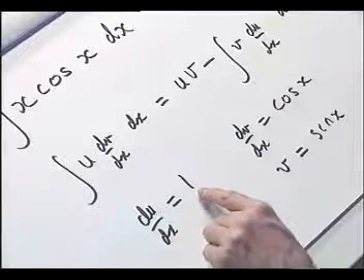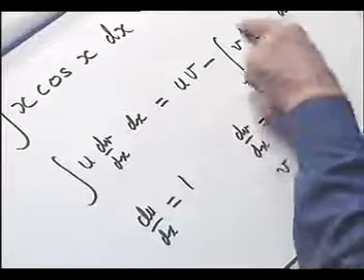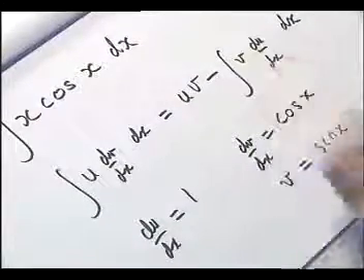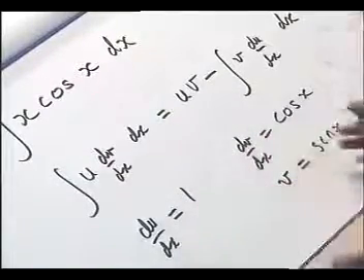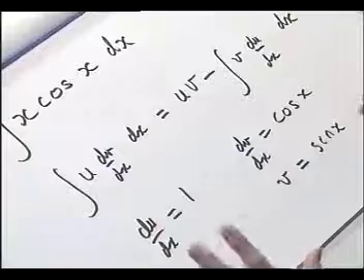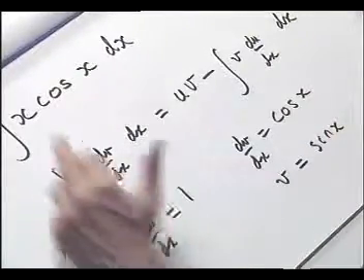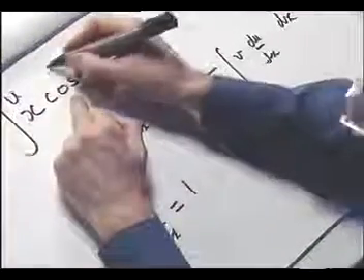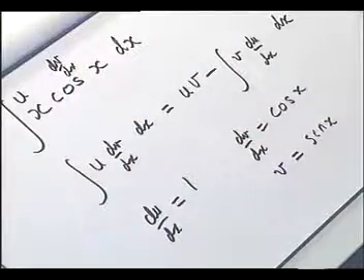So let's just check again what's going to happen. This will be 1 here, and this will be sine x. So we'll have sine x times 1, and we can integrate that. No problem, we can do that. So this is what our choice is going to look like. We're going to choose x to be u and cos x to be dv/dx.